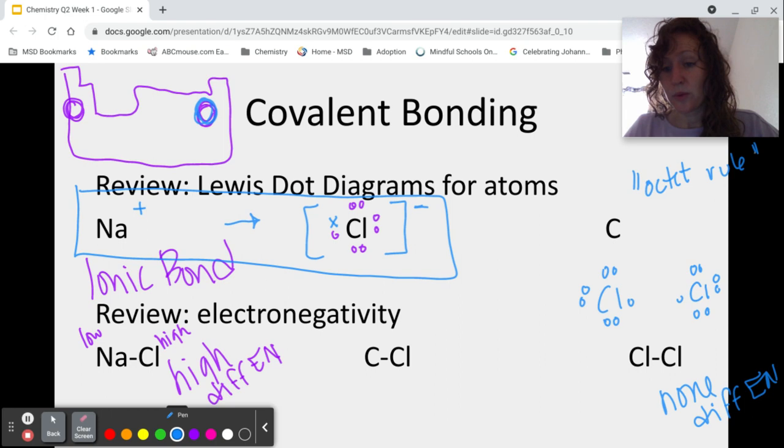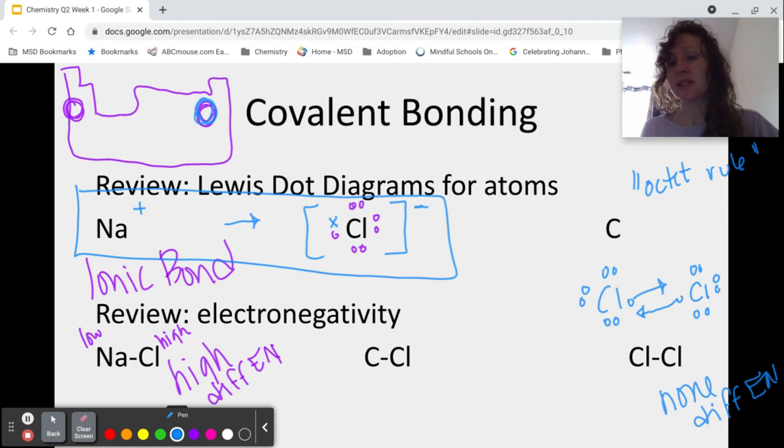So one of the chlorines is going to be attracted to the other one's electron, and then vice versa, right? They're both highly electronegative elements. They're both actively seeking other electrons. They're going to be attracted to each other's electrons, but they're not going to be able to pull them away because there's no difference in electronegativity, right?